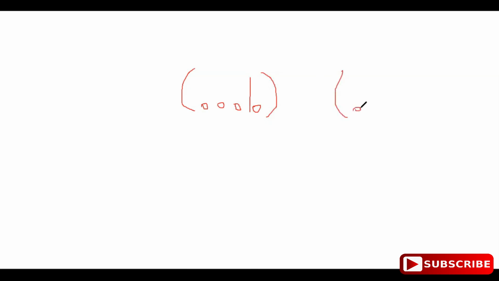And if you have 0, 0, 0 in the last row, and it's equal to some number r, then this one is inconsistent and has no solution.